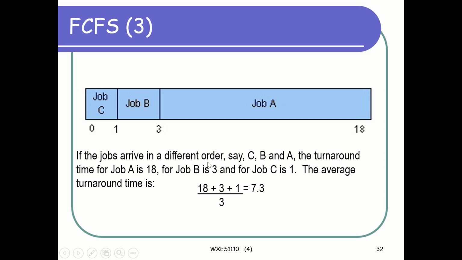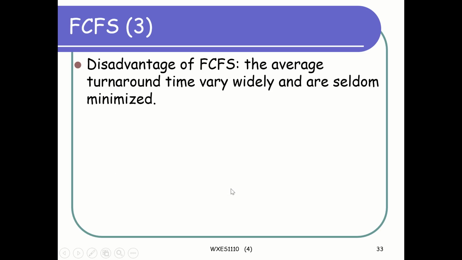If the jobs arrive in a different order, say C, B, A, the turnaround time for job A is 18, job B is 3, and job C is 1. So the average turnaround time is (18 plus 3 plus 1) divided by 3, about 7.3. So the order of arrival makes a big difference.